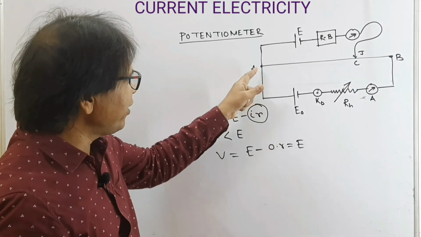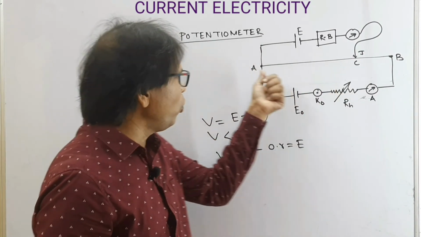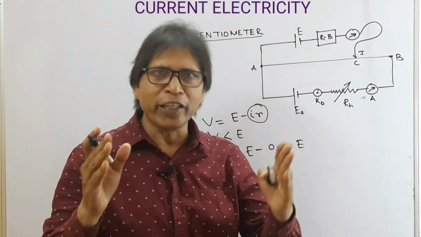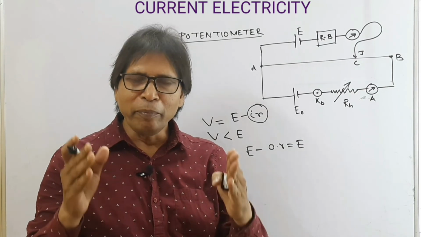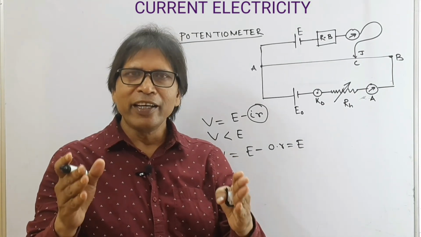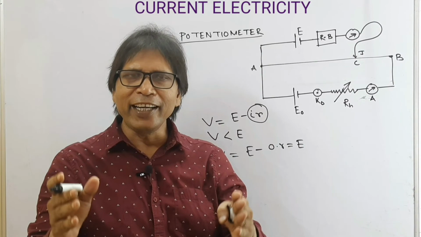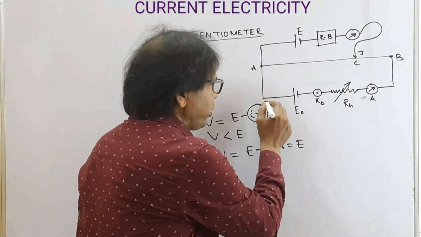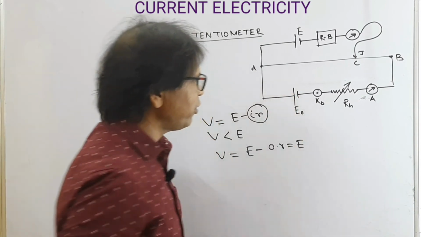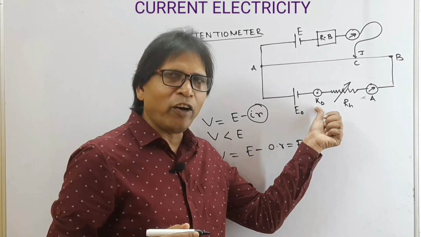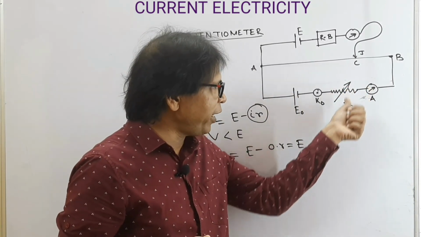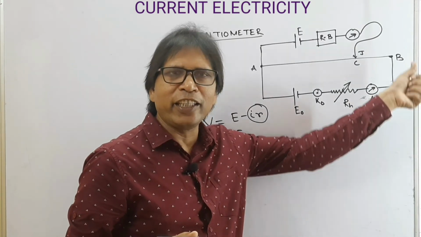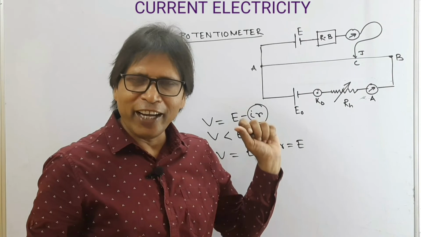Now this is the long wire of a potentiometer. It may be 6 meter, 8 meter. Generally, it is 10 meter. Now it is connected with a driver cell E0, a key K0, a variable resistor Rh and an ammeter A in series with it. Okay.